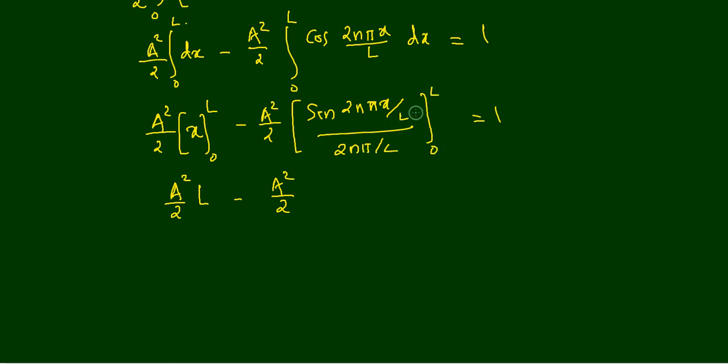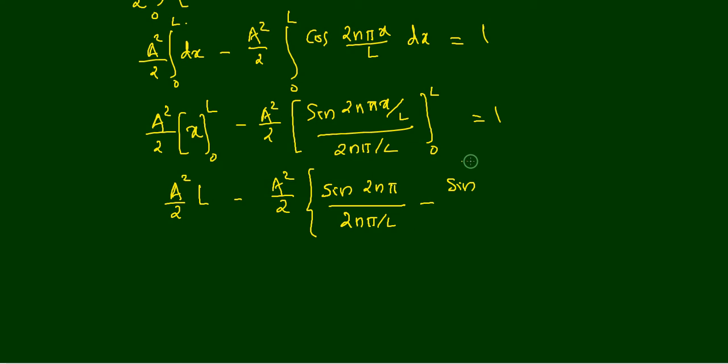So first let us put L here. So we will get sine 2n pi, because x is equal to L here, then L by L is equal to 1. So sine 2n pi divided by 2n pi by L, minus sine, now the lower limit is 0.